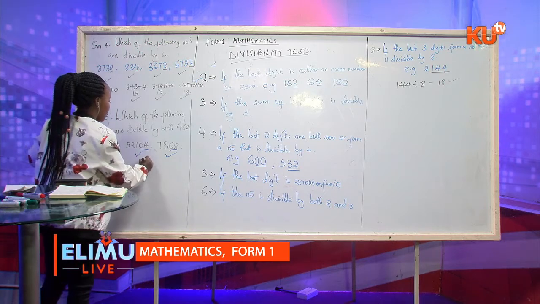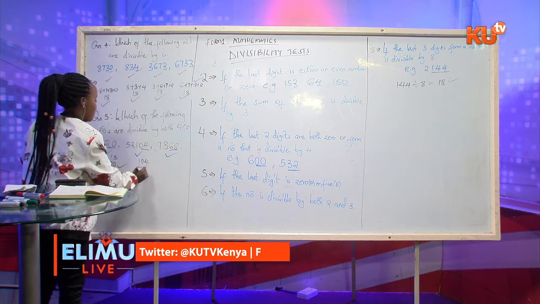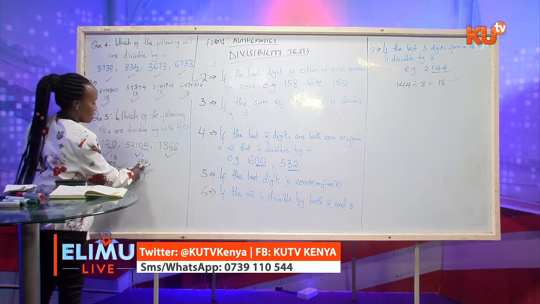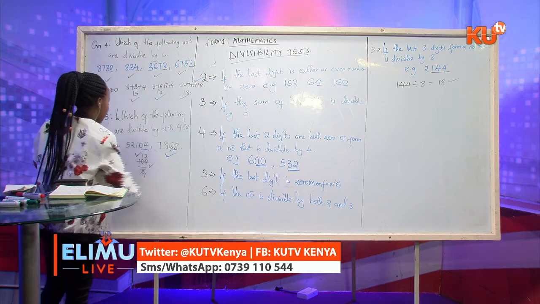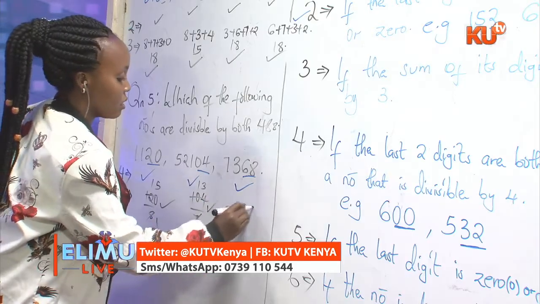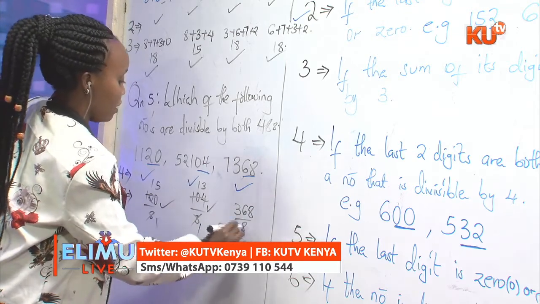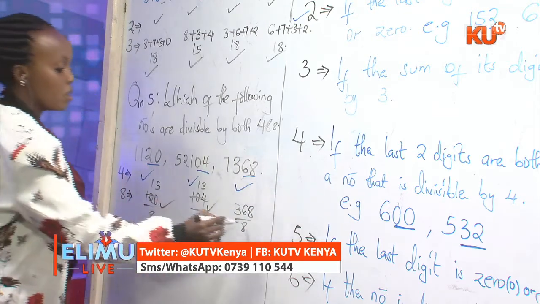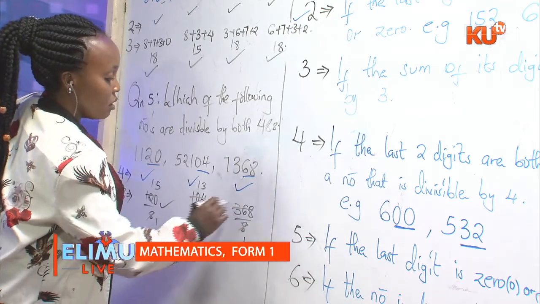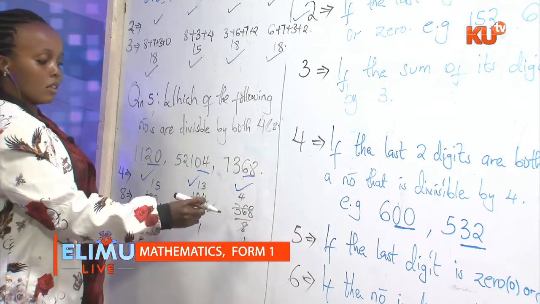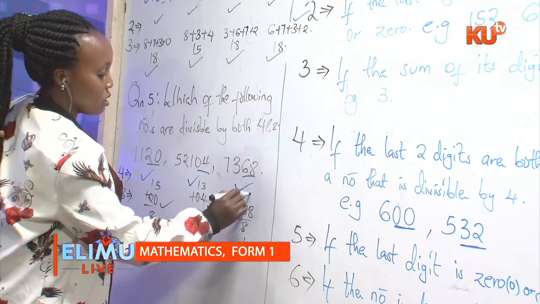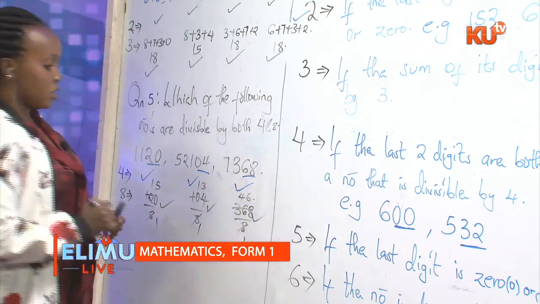The next one is 104 divided by 8, which is 13, meaning this number is also divisible by 8. And lastly, 368 divided by 8: 8 into 36 is 4, 32, remainder 4, 48 divided by 8 is 6, meaning this number is also divisible by 8.